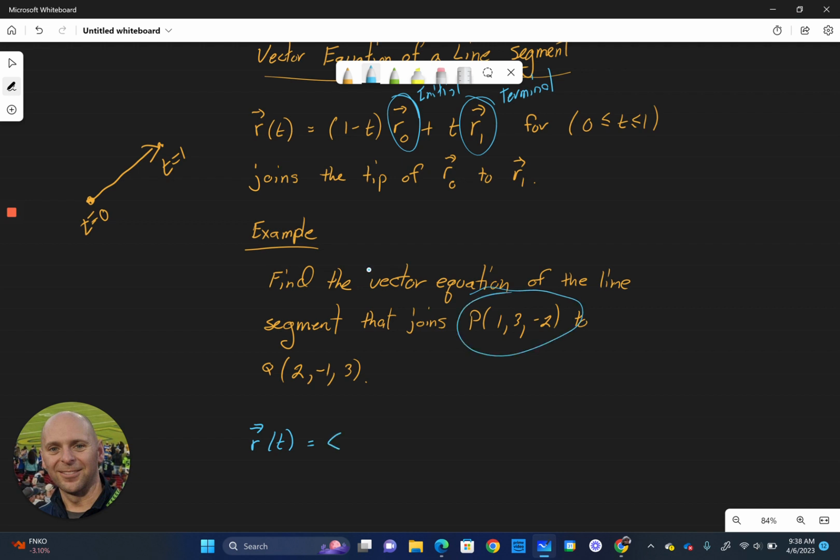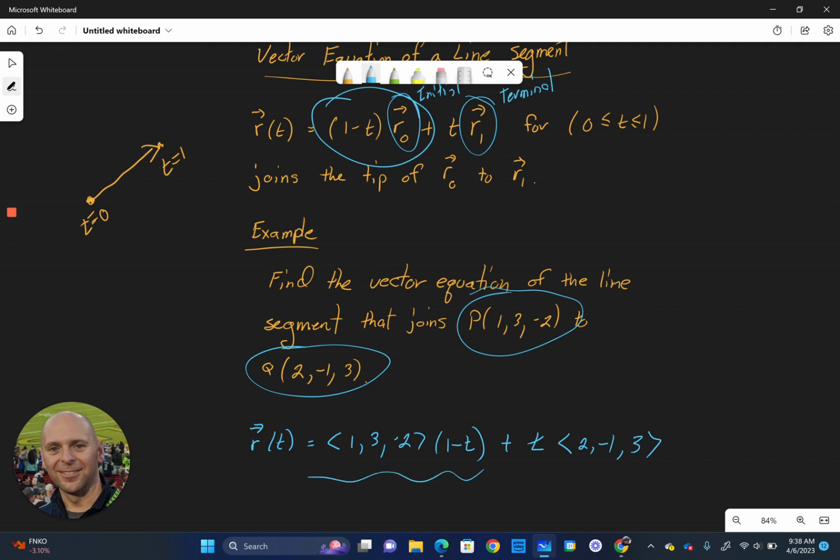And that vector is going to be the same coordinates, 1, 3, negative 2. And we're going to multiply that times 1 minus t, again noting this first construct here, plus t times the point Q, or the vector that points at Q rather, which would be 2, negative 1, 3. And I don't know why I put these in a reverse order, but I did.